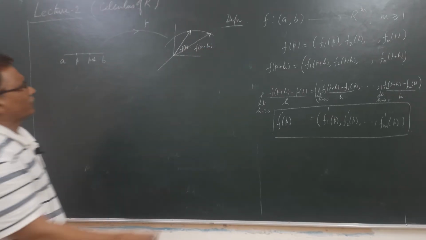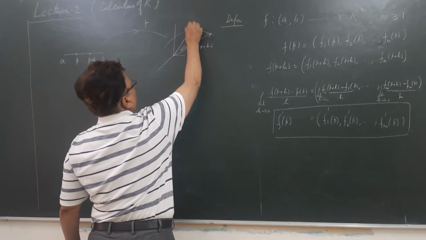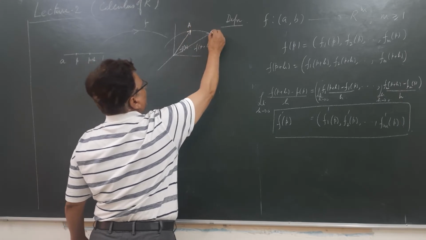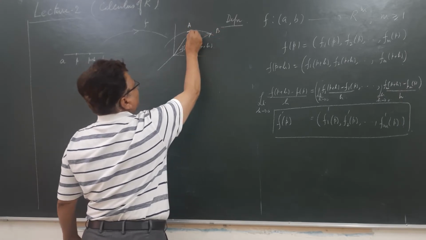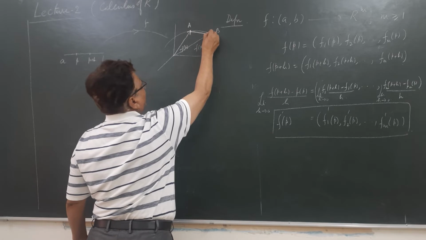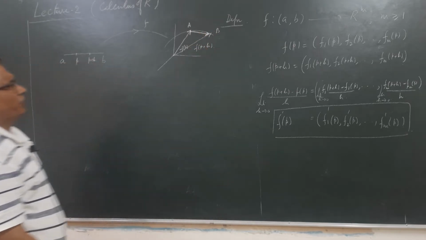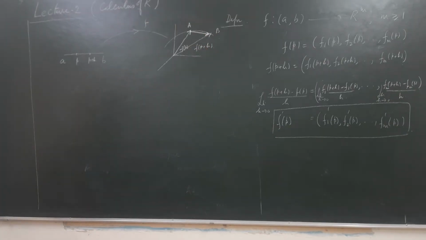And the difference of the two, let me call this point on the curve A and this point B. The difference of the two will be a vector AB, which you can say is the chord of the curve. The curve is the image of the function from the interval into R3.